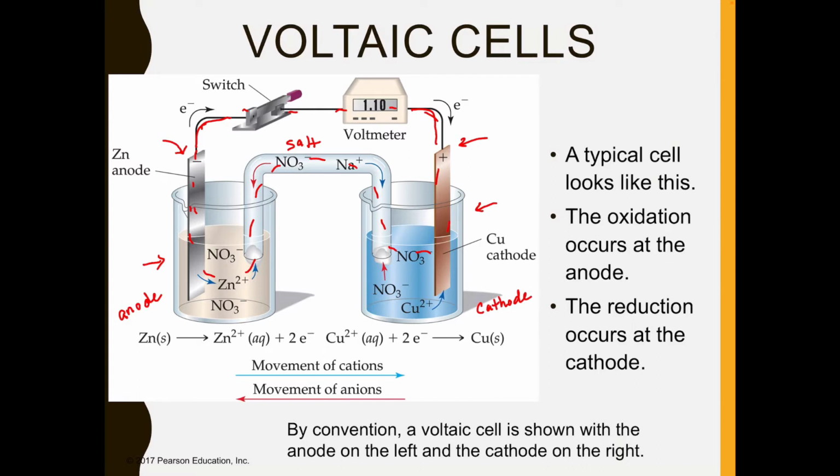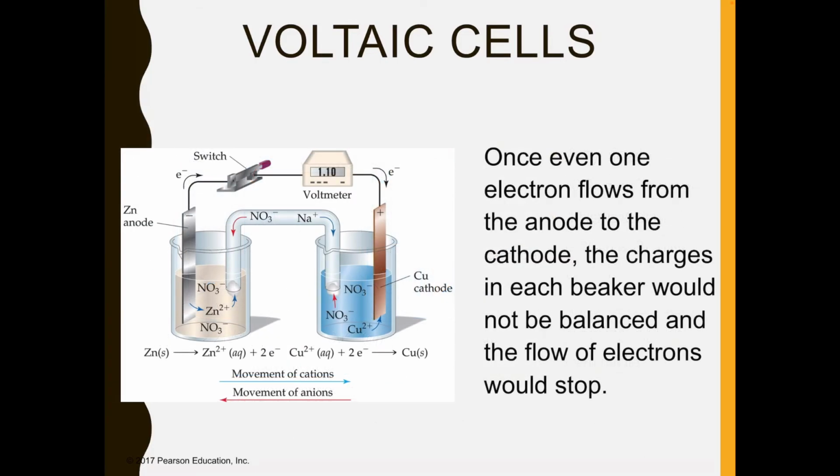You can remember that electrons are negatively charged, so they're traveling towards our cathode, which is positively charged, okay? You can see those charges here. So our electrons are traveling towards our cathode, and that's how I like to remember that. Okay, once even one little electron flows from the anode to the cathode, then the charges in each beaker wouldn't be balanced and the flow of electrons would stop.